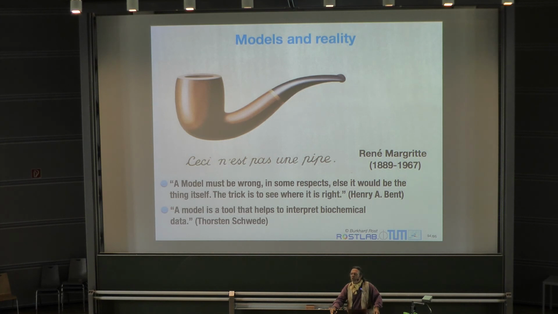The pipe is what you smoke. The image of this pipe is something that you show to others. They will not understand how it is. How many of you know how it is to smoke a pipe? Okay, this is not the kind of question that I should ask now. But from showing you a pipe, most likely there are some people in the room who have smoked the pipe.